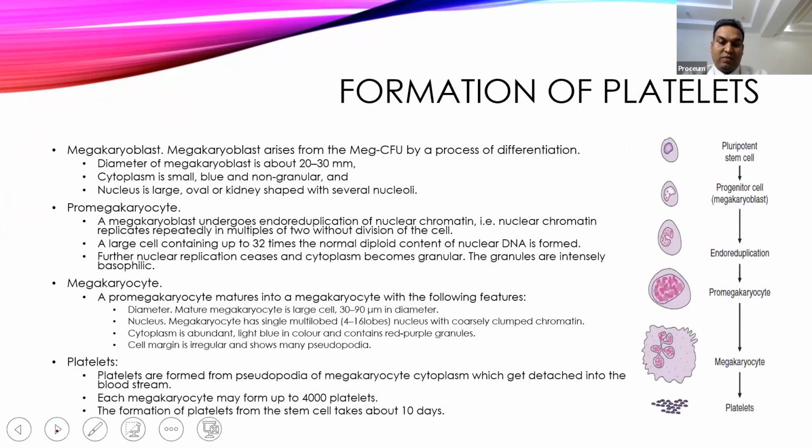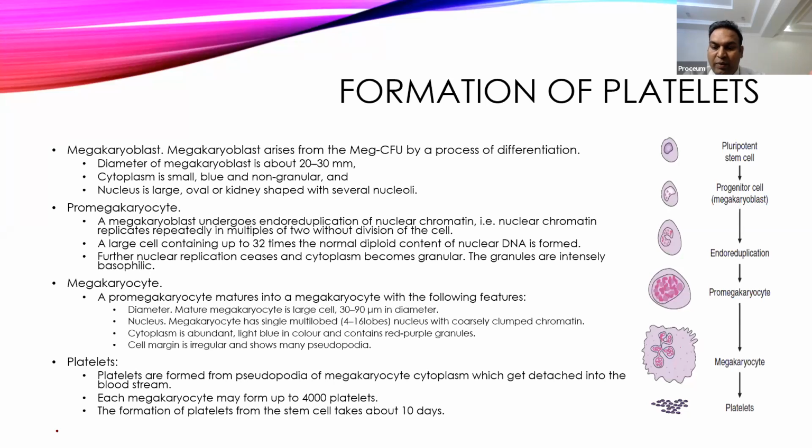Then how do platelets form? It starts from the pluripotent cell. When the pluripotent cell is exposed to the megakaryocyte colony forming unit, it differentiates into a megakaryoblast, which is a large cell, up to 20 to 30 micrometers, with a large nucleus.